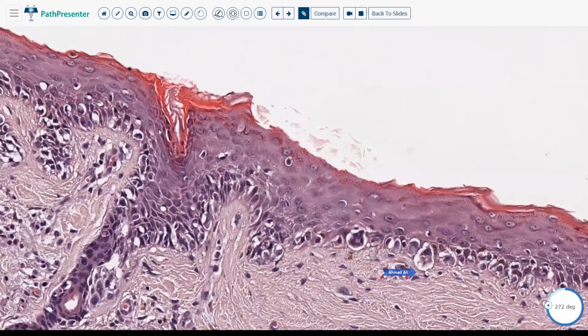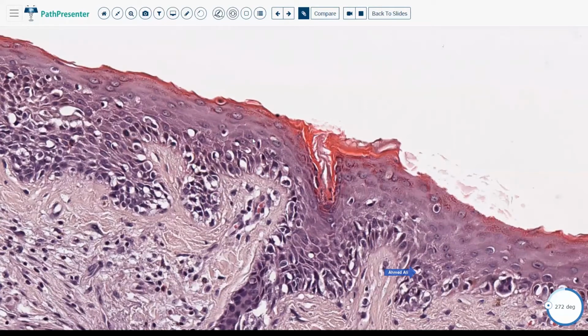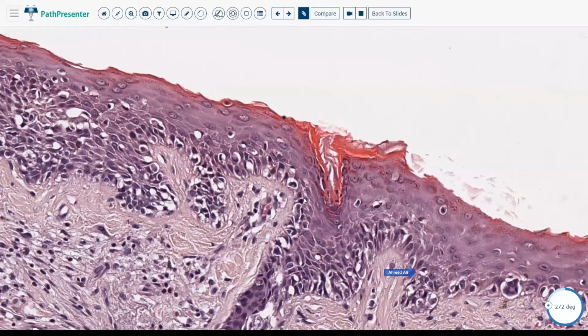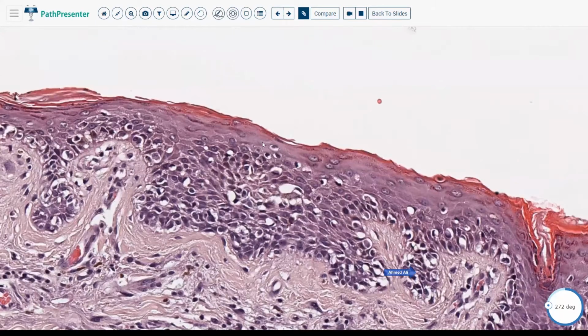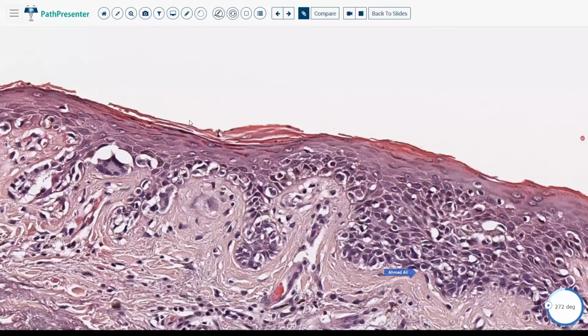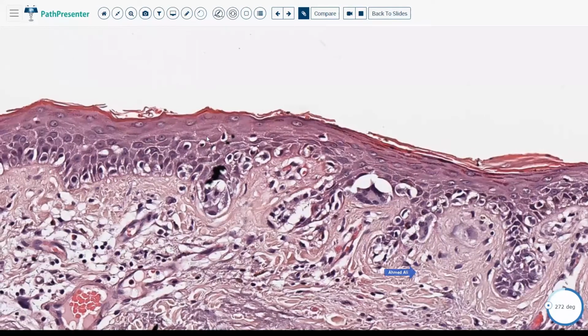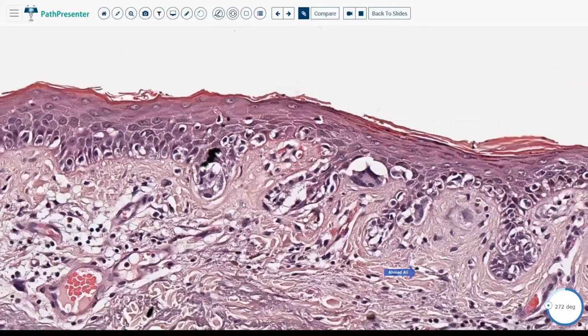Some of you started to comment already that yes, when we start to get this pagetoid spread in some areas, the melanocytes, as you can see, show upward migration here and there. Usually you find that toward the center of the lesion, this upward migration of the individual melanocytes is what people refer to as the pagetoid spread. That's absolutely fine. But this then becomes a lentigo maligna melanoma. So now you have a spread of melanoma into the epidermis.